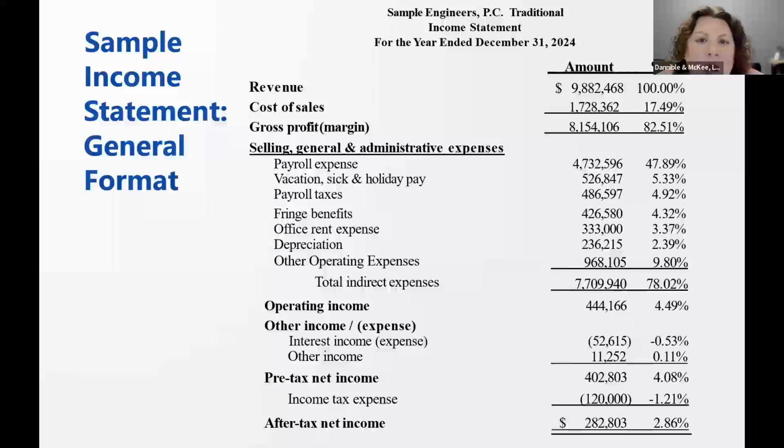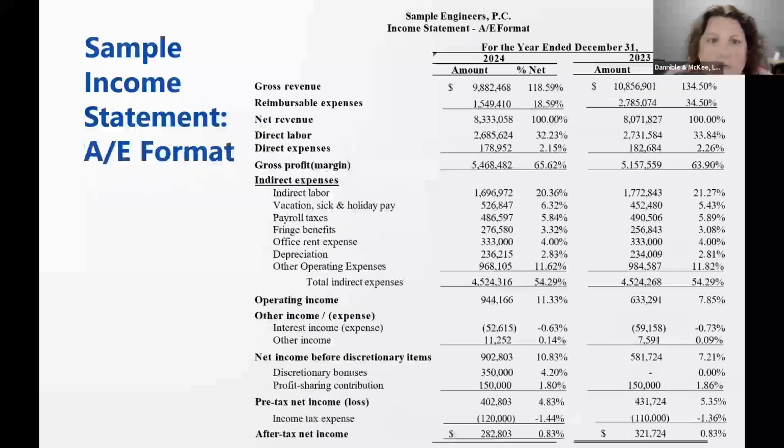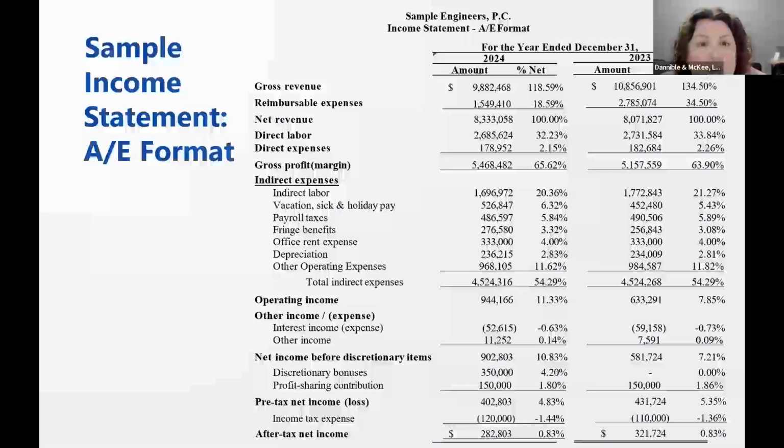So this is like a normal commercial entity, a manufacturer. Sometimes when we come in, and if you're using something like QuickBooks, this is what your income statement looks like. And this is really not a good representation of what an architecture or engineering firm should look like. This is a great example.